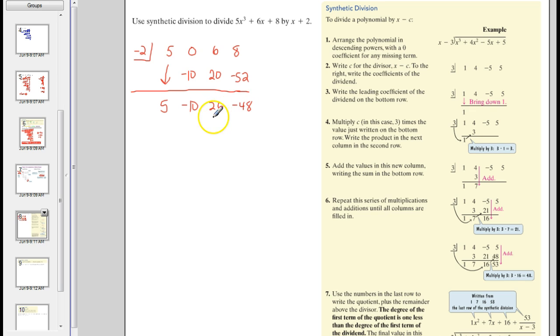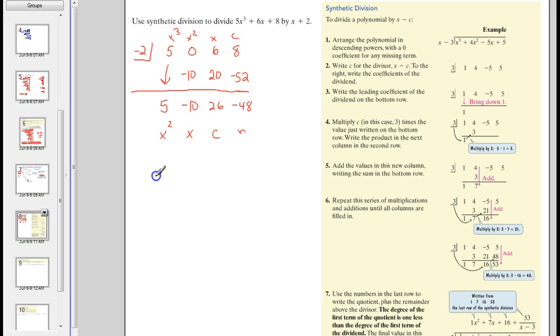Now, how do you get your quotient and remainder? You have to remember this was x cubed, this was x squared, this was x, this was your constant. Now everything goes down a power. So this is now x to the second, this is x to the first, or just x. This is your constant, and now this is your remainder. It'll always be that way, that these powers go down by 1 each time.